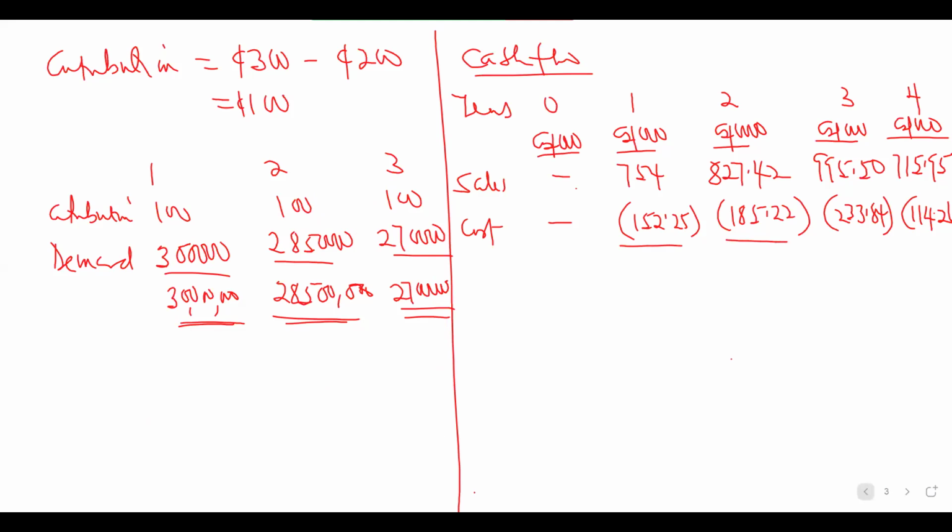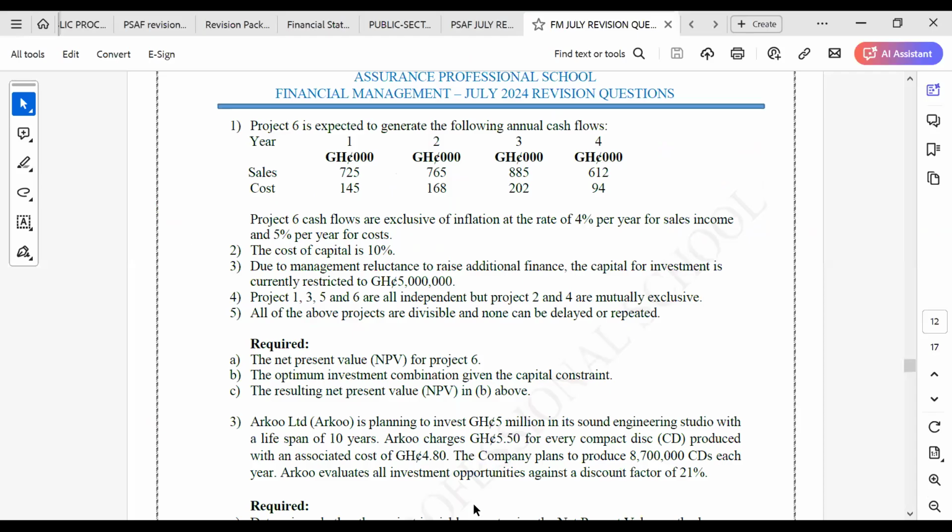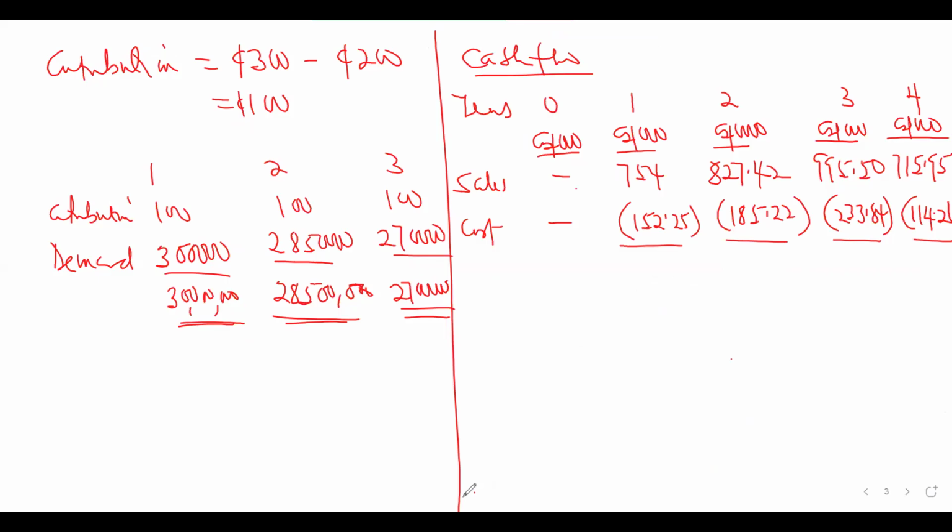Okay, so what are the net cash flows that we are getting? We are not going to be incurring any other cost for them. So the first net cash flow is 601.75.